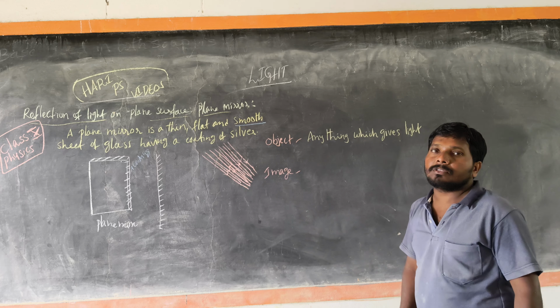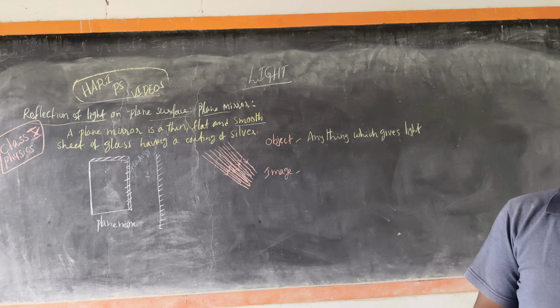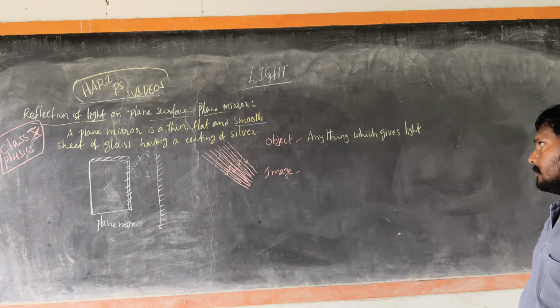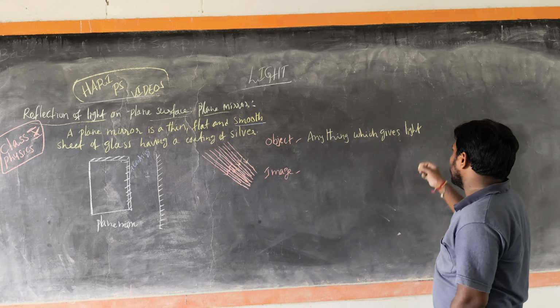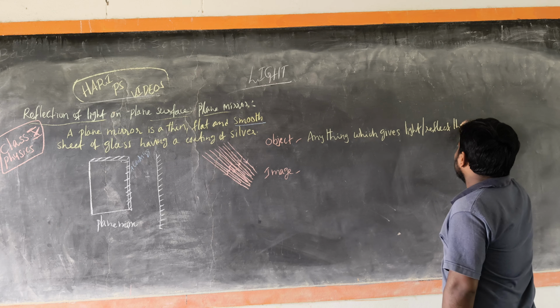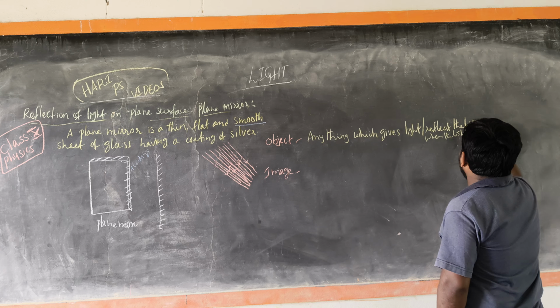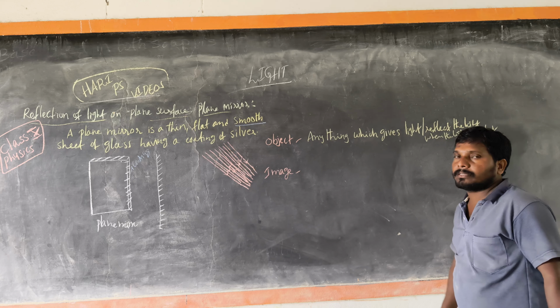Anything which gives light or reflects the light when the light is incident is called an object.